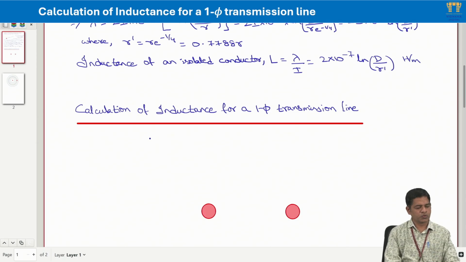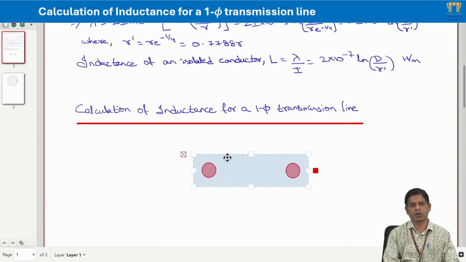Now let those two conductors be as I have shown here. Let I1 be the current which flows in conductor 1, whose radius is R1. So this radius is R1. And let I2 be the current which flows in the second conductor, and let the second conductor radius be R2.